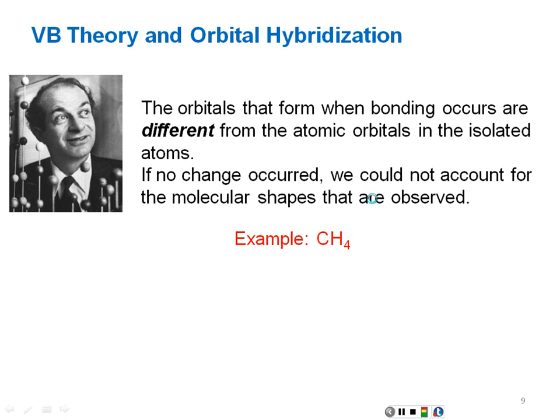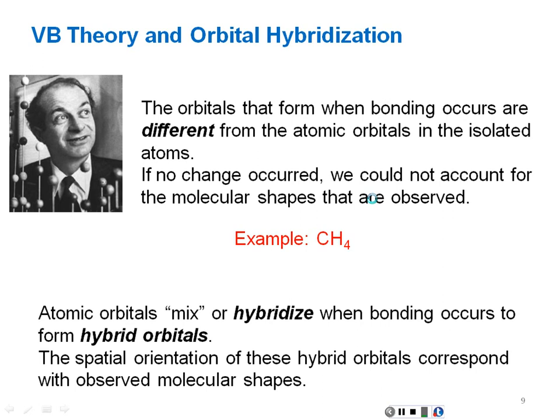And I'll go through that example on the board in class just to show. But if you want to think about that yourself ahead of time, it's a very good example of why there needed to be a valence bond theory to explain molecular shapes.